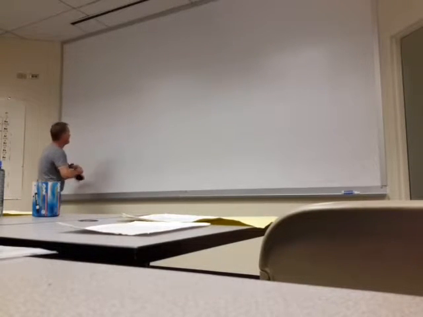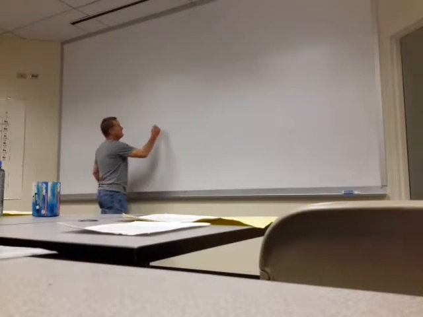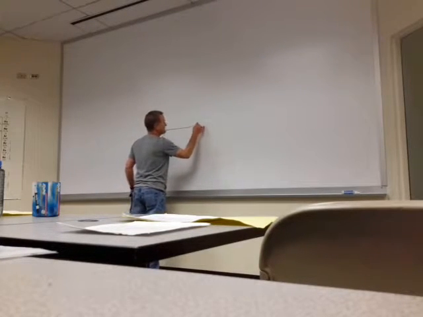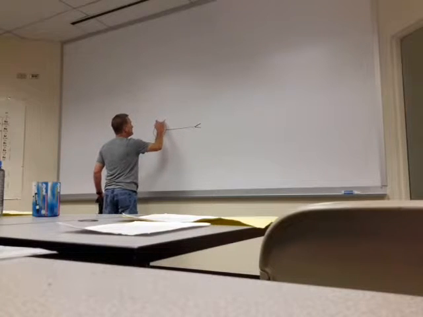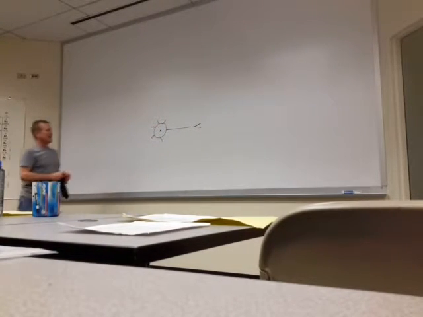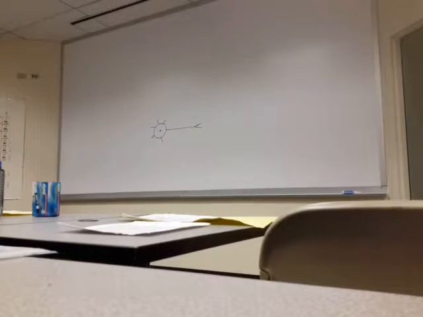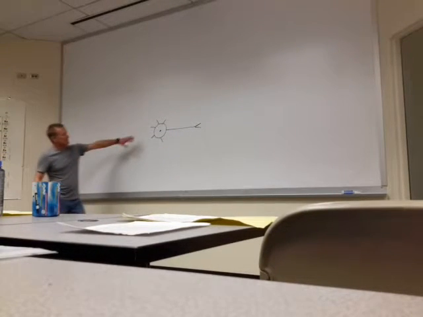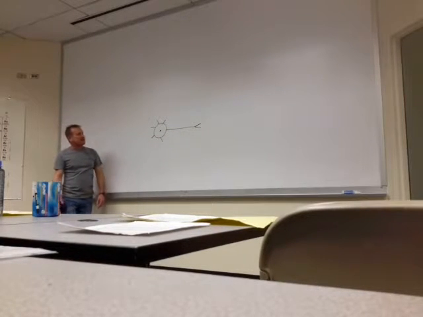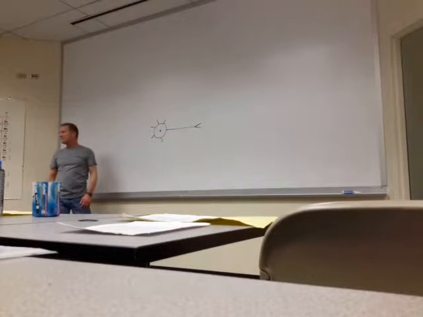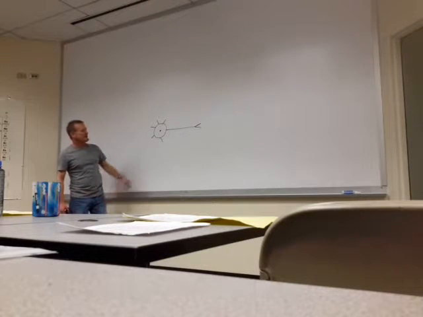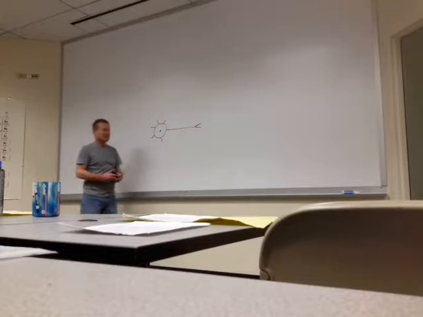So we have an abbreviated version of a neuron. Looks like this. And when we talked about neurons, we said that dendrites conduct signals toward the cell body, and axons conduct signals away from the cell bodies.